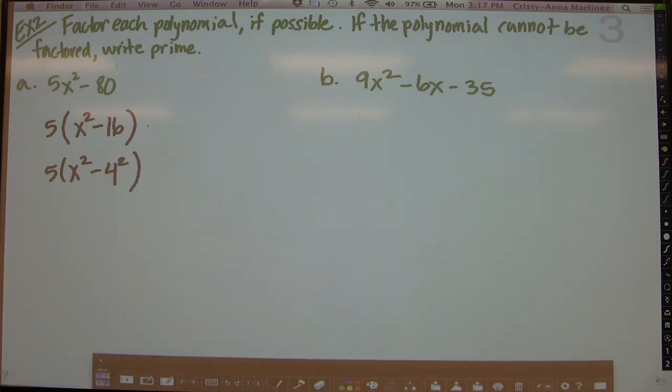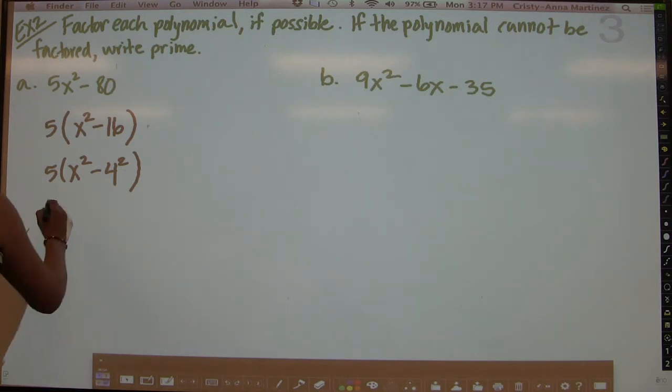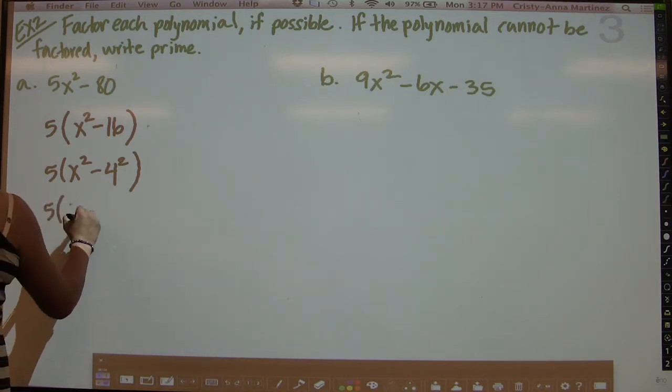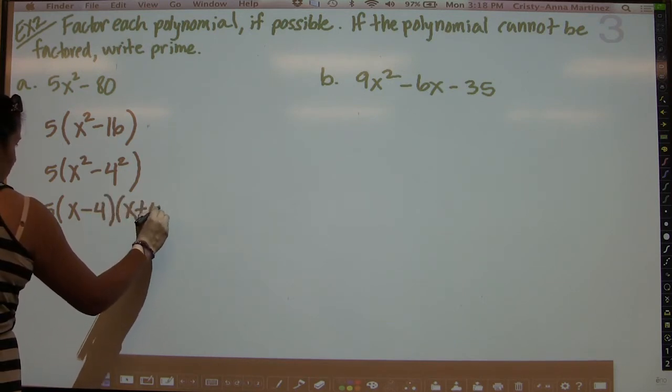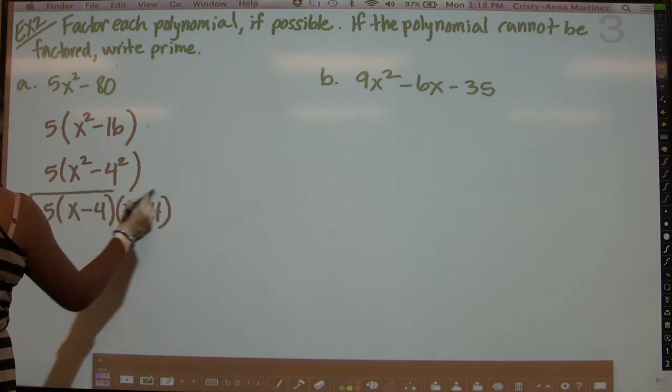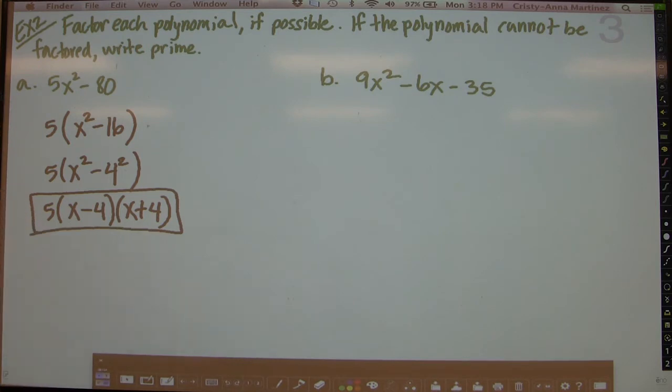And now we know that our A value is x and our B value is 4. So we're going to get our pattern, x minus 4, x plus 4. And now this is our complete factorization. So sometimes you need to take out a common factor before you can recognize the pattern.